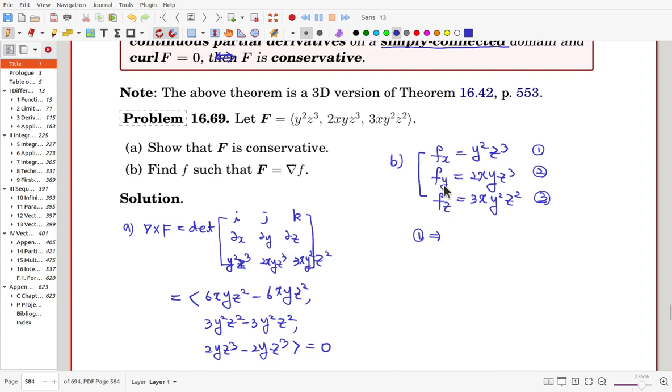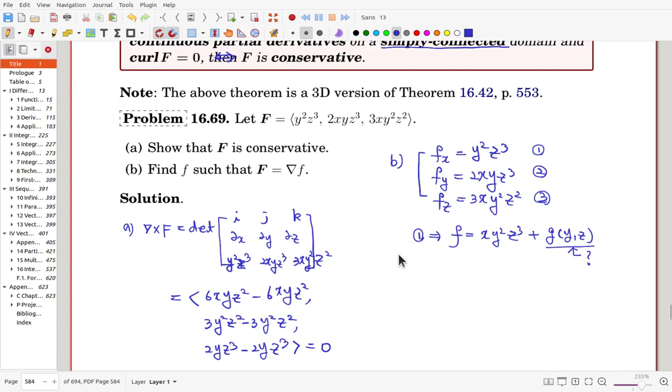So with x integration, y squared z cubed is a constant with respect to x, so f is xy squared z cubed, and you have to put an integral constant. There must be a function of y and z, a general constant, so that once you apply the x derivative, it will become this one, and that will disappear.